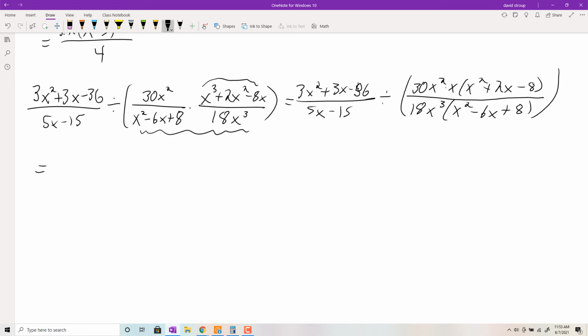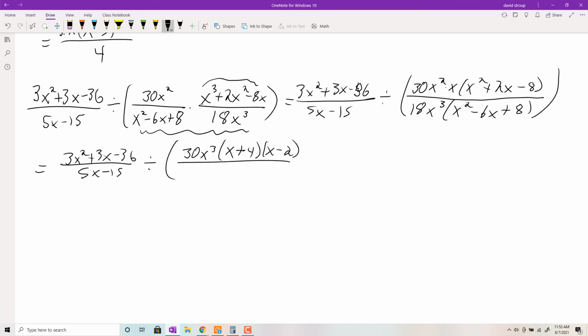Okay. So I have 3x squared plus 3x minus 36 all over 5x minus 15, divided by, on the numerator, I'll have 30x cubed times x plus 4, x minus 2.